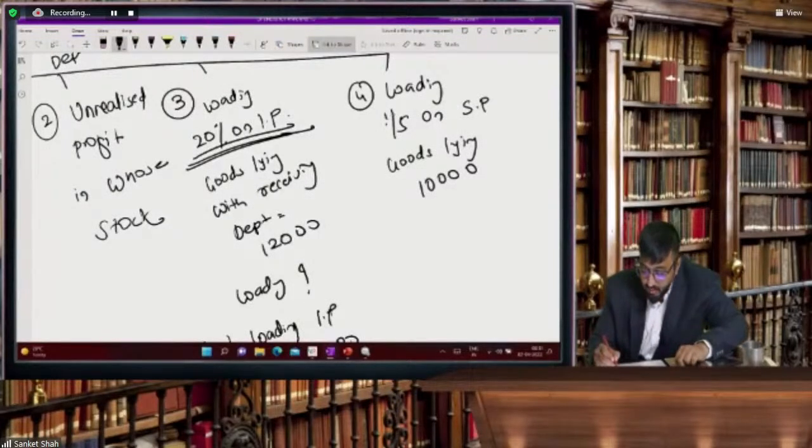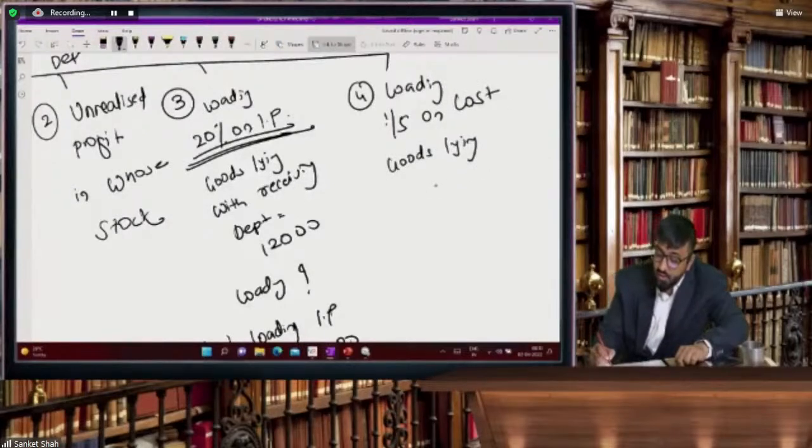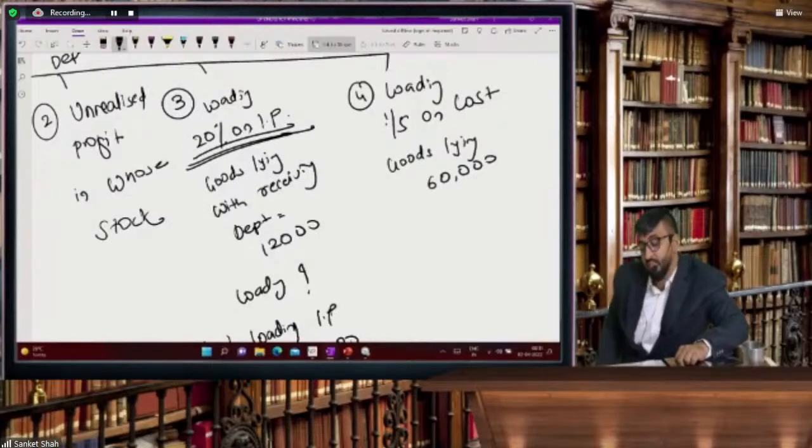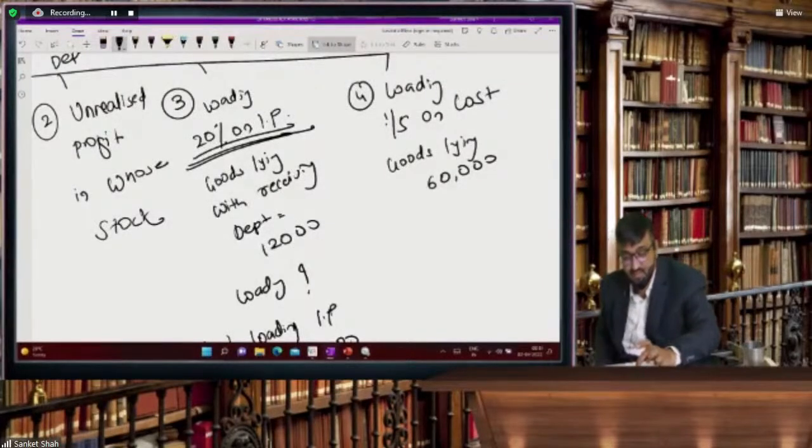Sorry. 1/5 on cost. Likho 1/5 on cost. Goods lying with receivers department 60,000. 1/5 on cost. Loading.